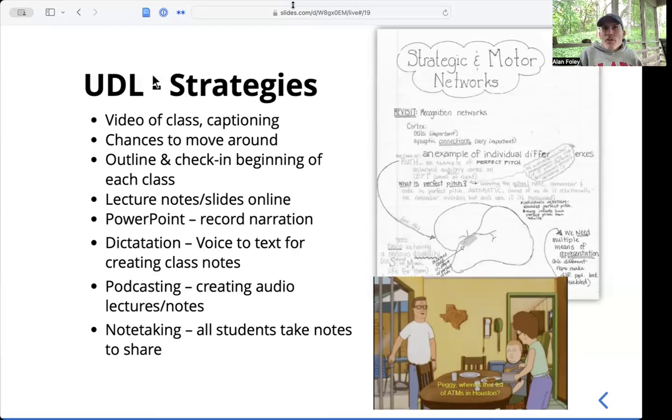A favorite activity of some of my colleagues is having a note-taking assignment where everyone collaboratively takes notes. That does several things. It gives everyone an opportunity to participate in class in ways that maybe they're not focusing on taking notes. It also provides the opportunity for notes to be generated in different ways.